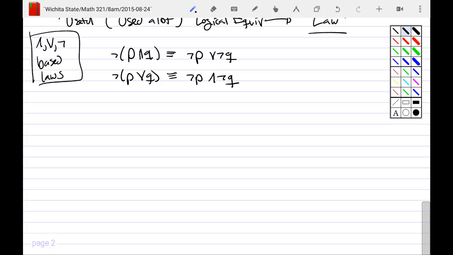We'll also be able to show things like P exclusive or Q is logically the same thing as not P if and only if Q, right? And we'll be able to show that. That gets no name, right? It's things that you can show with the truth table, but the word law really just comes into play when we do it enough that we just go ahead and give it a name. It's like an honor system.